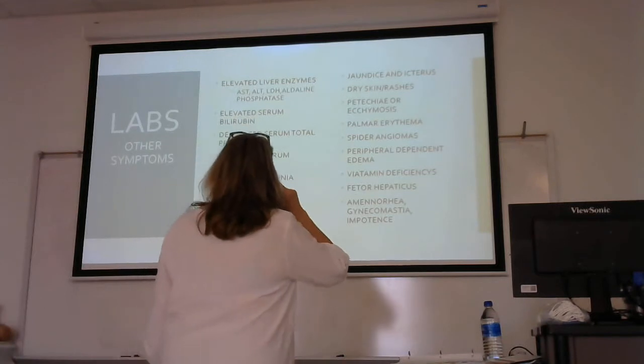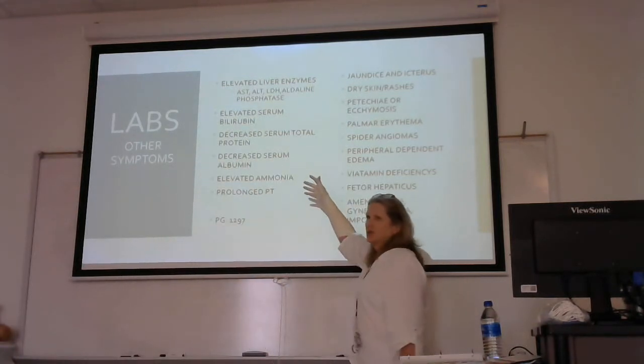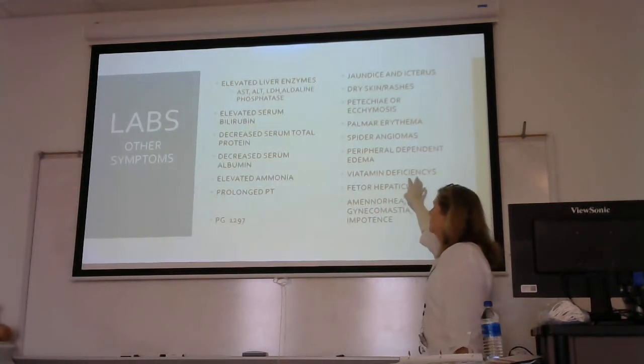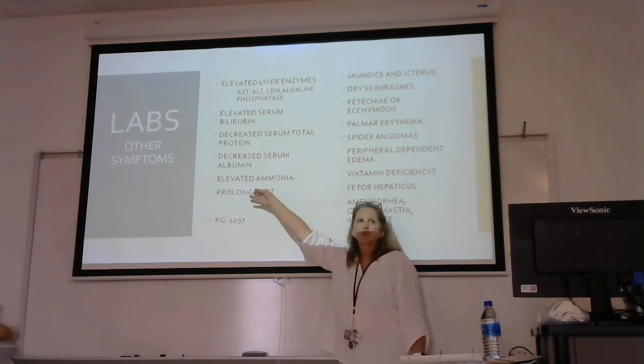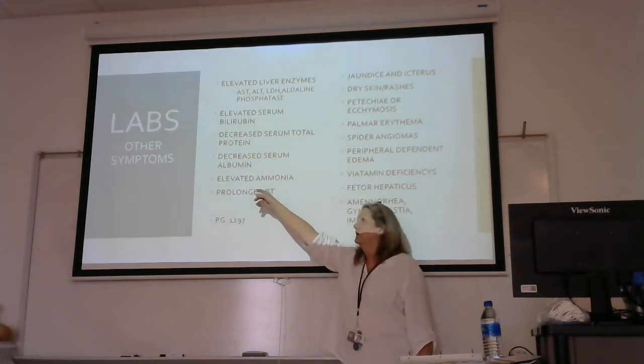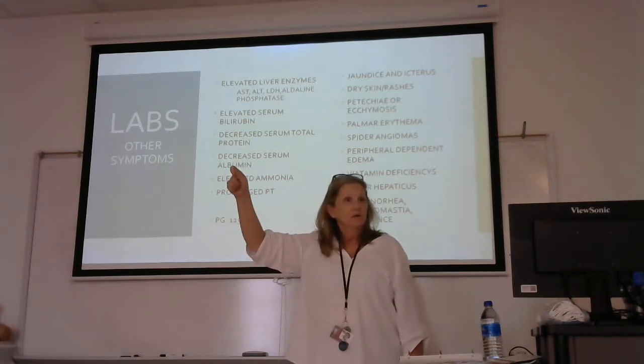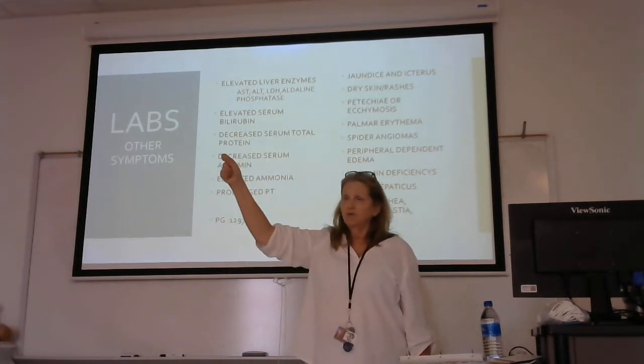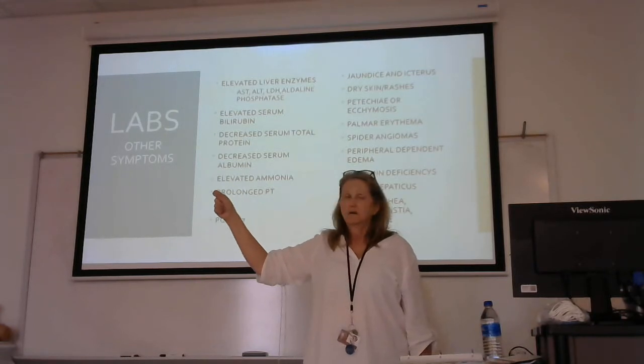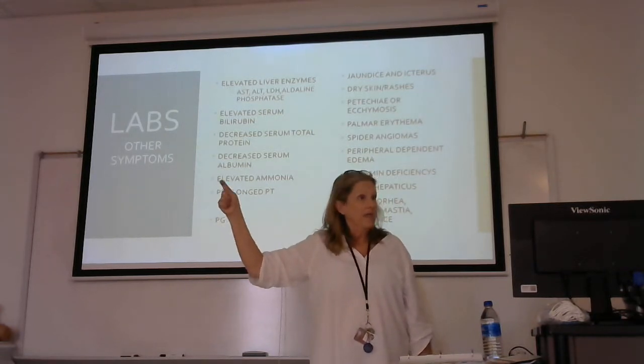But I do encourage you when you look at these and that sheet Ms. Wynn gave us to know why. Not only just say, okay, elevated ammonia. Understand, why does my ammonia level go up? We just talked about it. It's not being converted to urea.